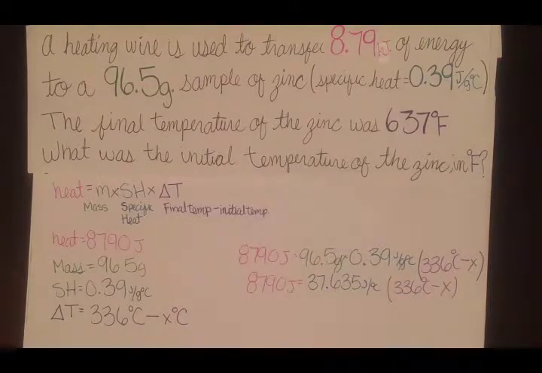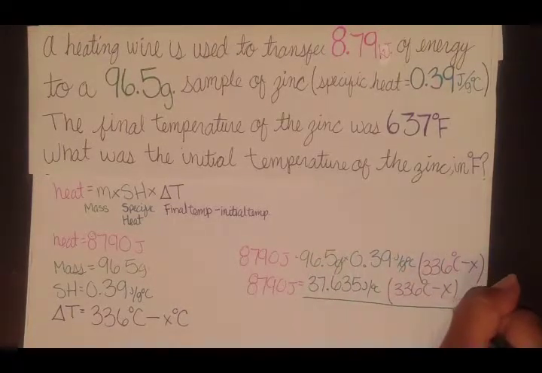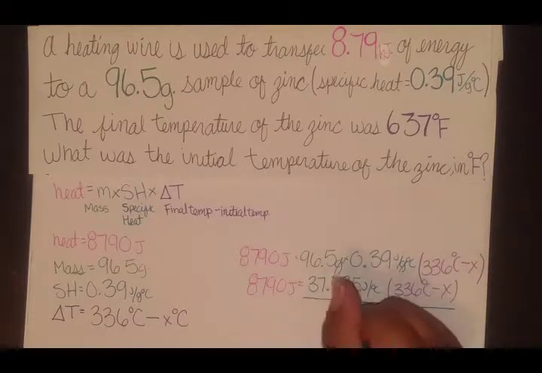Okay. And now we're going to do our basic algebra to find x. So we're going to go ahead and divide this by 37.635 joules per degree Celsius.